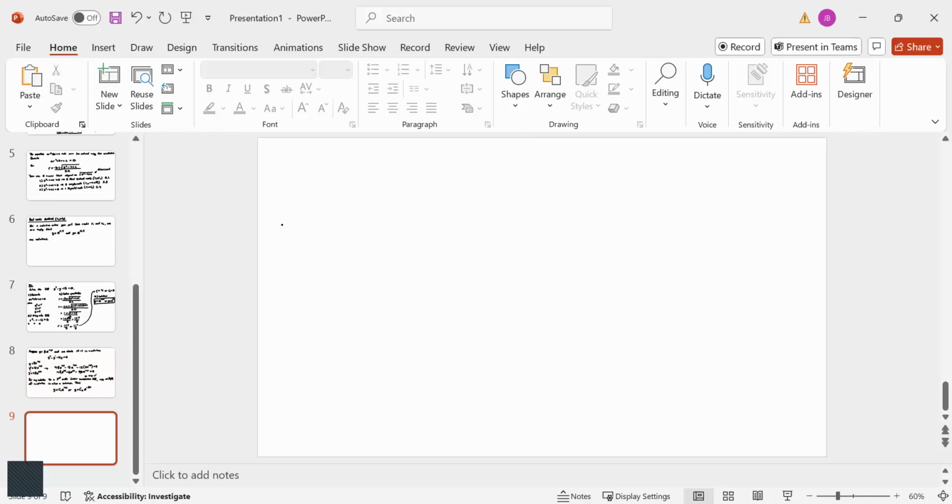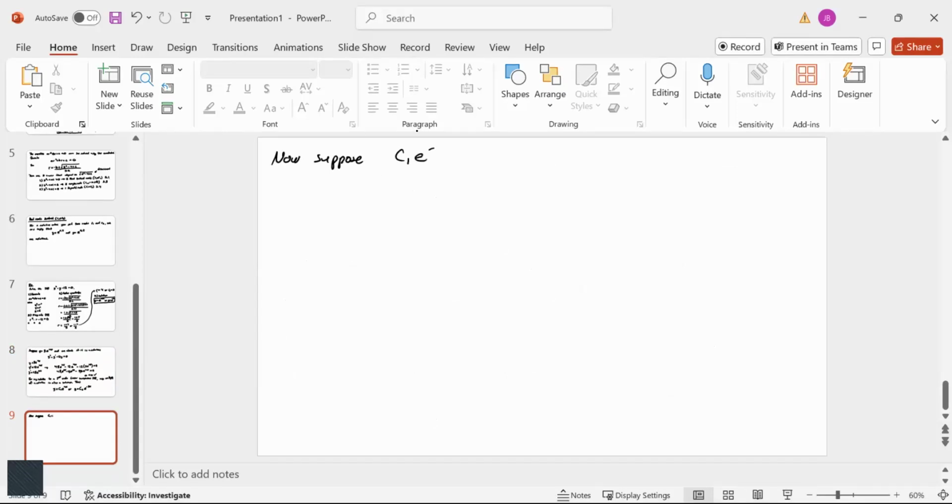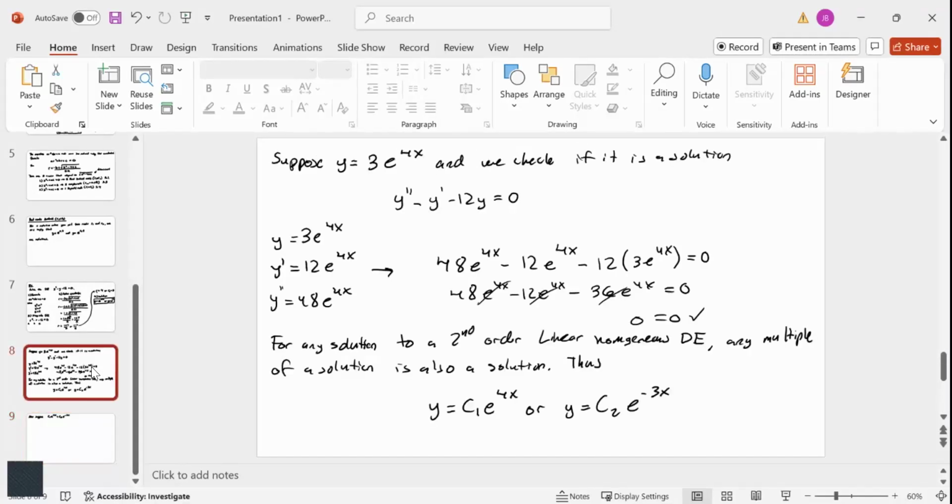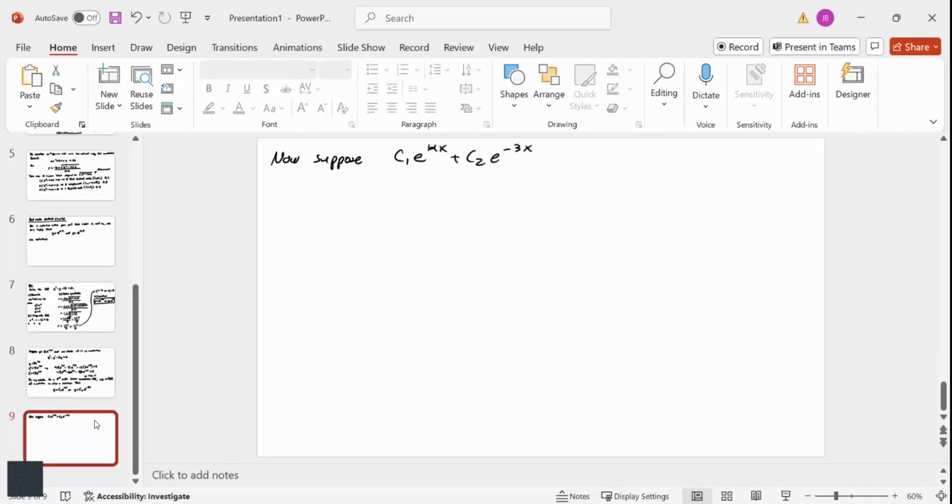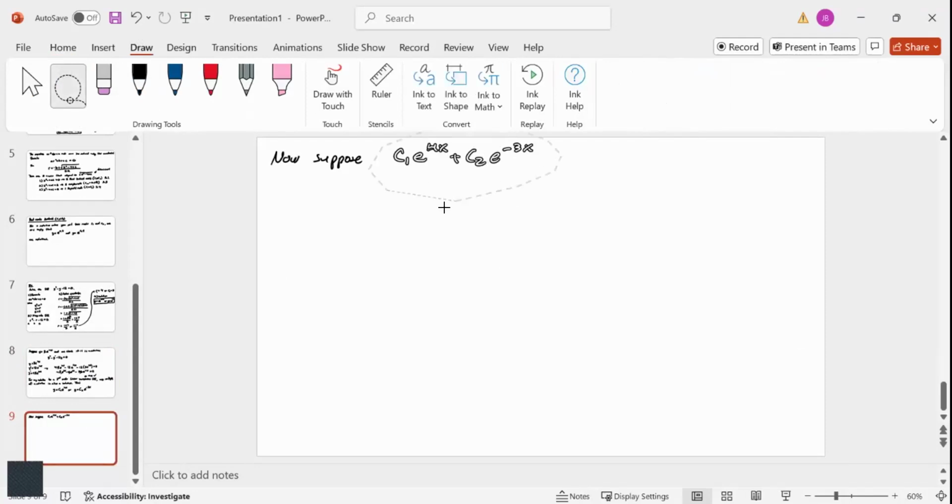So we would say, okay, now suppose we do C1 e to the positive 4x plus C2 e to the negative 3x is our solution. Suppose y equals that. Well, what do we do to prove something is a solution?